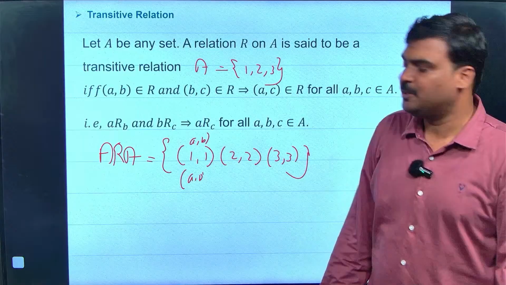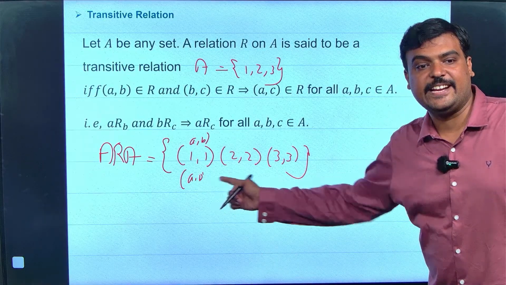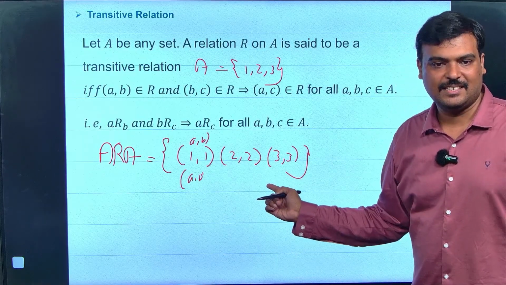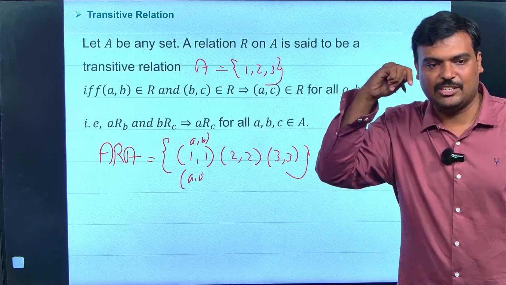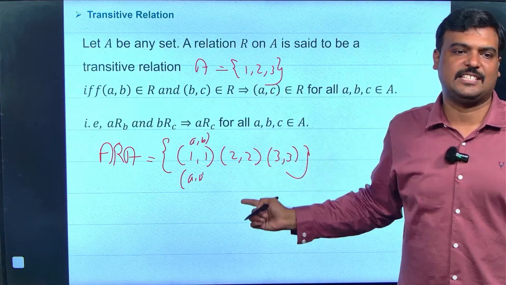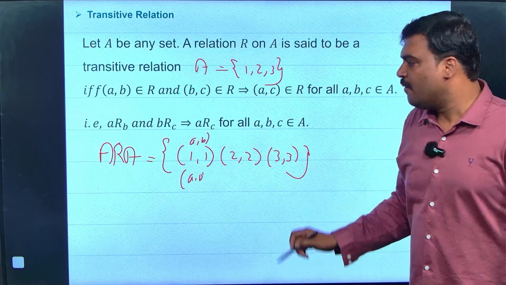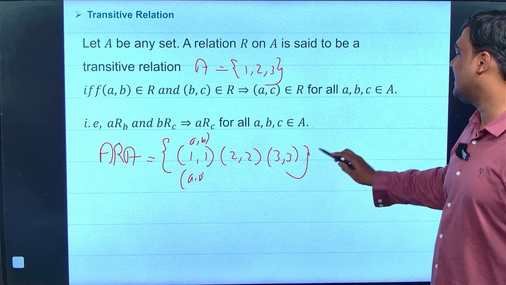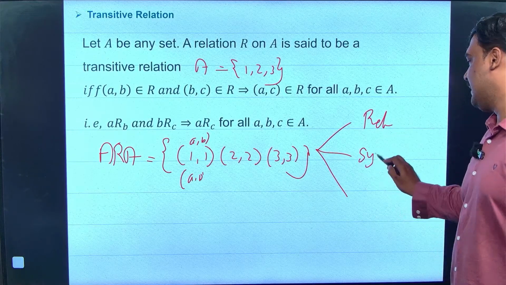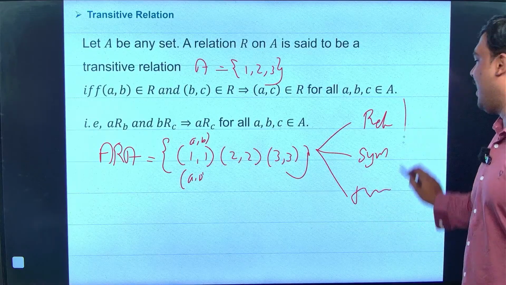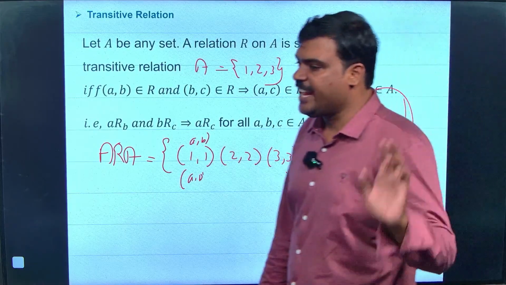Because I can't find any A comma B and B comma C. If I get A comma B and B comma C and there is no A comma C, then it is not transitive. But that is not the case, so it remains transitive. When a relation passes all three types, reflexive, symmetric and transitive, we call this type of relation an equivalence relation.